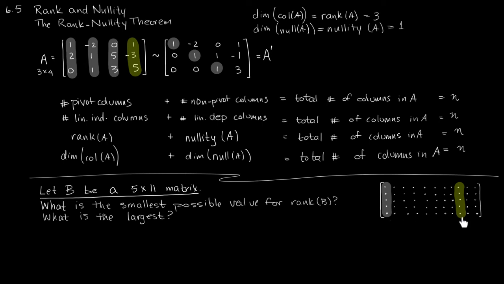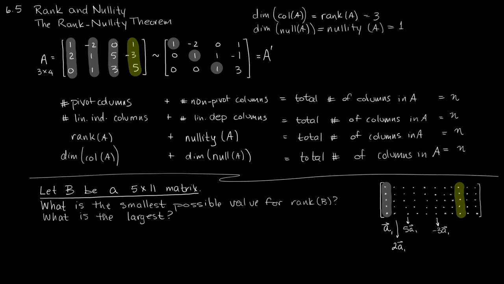Is it possible for every other column in this matrix to be written as a linear combination of this one? And the answer is yes, because I could write, let's call this one A1, it's a vector. This one could be 2A1, and this one could be 5A1, and this one here could be negative 3A1, and so on.